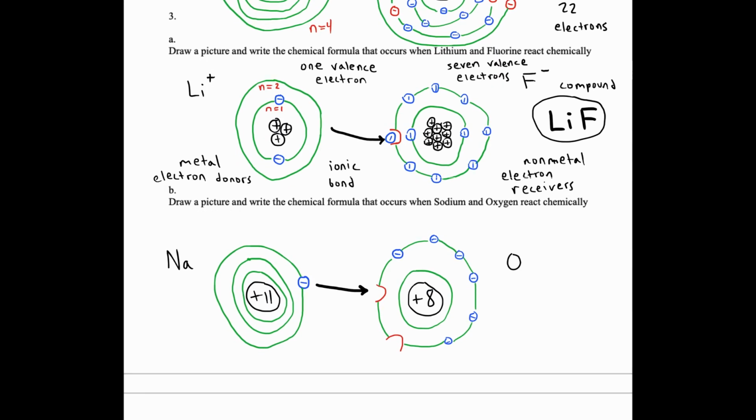And so what we want to do actually is bring in another sodium atom. And so one thing we can do when we have a sample of sodium that's going to react with a sample of oxygen is we can bring in more sodium atoms as needed.